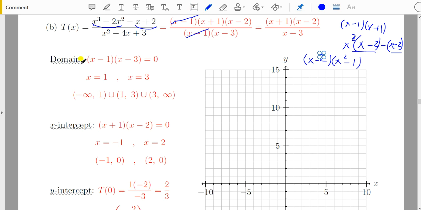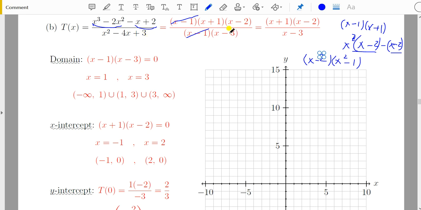The domain of any rational function is every real number except the points that make the denominator become 0.